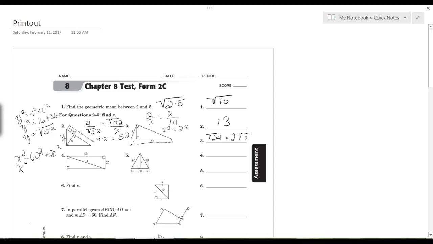So that's going to turn into x squared equals 3,600 plus 400. When I add those together, I get x squared equals 4,000. So x is going to equal the square root of 4,000.